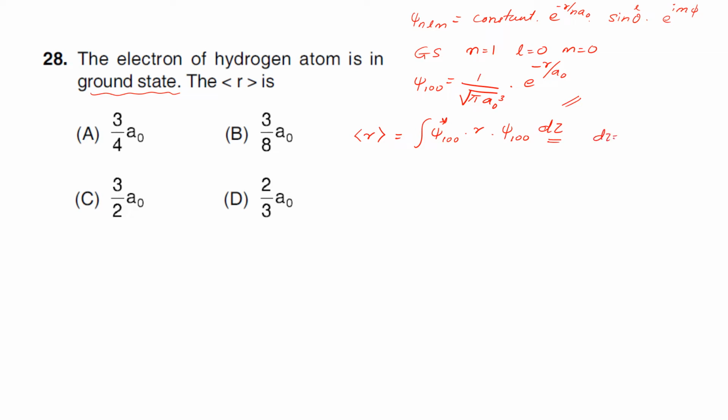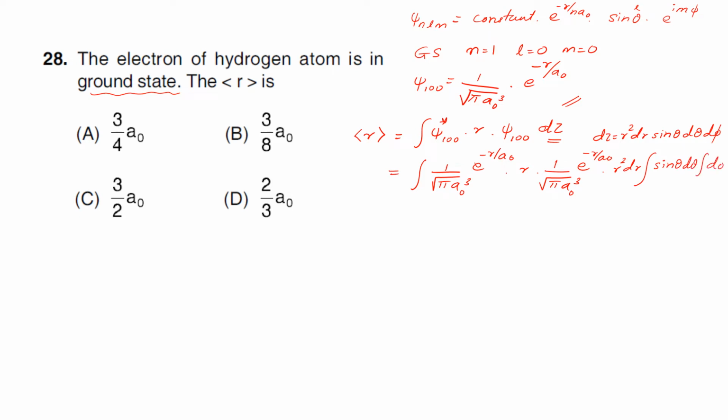Here d tau is r square dr sin theta d theta d phi. So it is 1 upon root pi a naught cube e raised to minus r upon a naught into r, into 1 upon root pi a naught cube e raised to minus r upon a naught, into r square dr, then integration sin theta d theta, integration d phi.